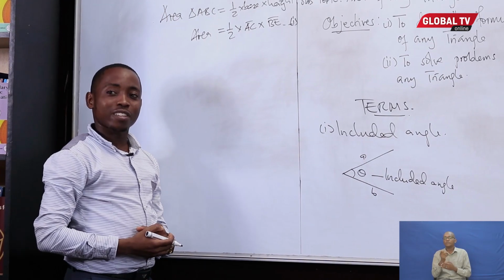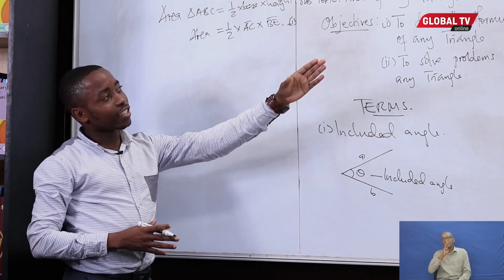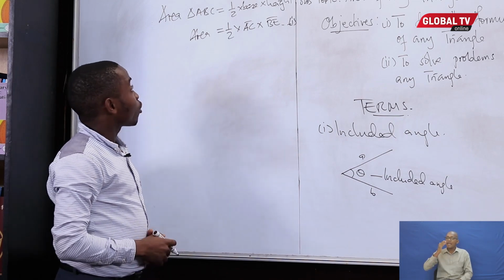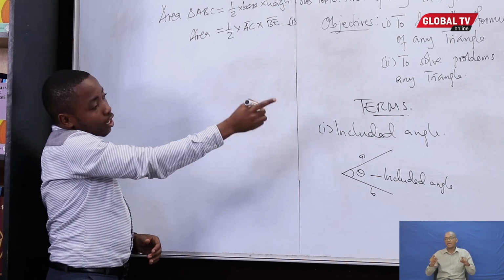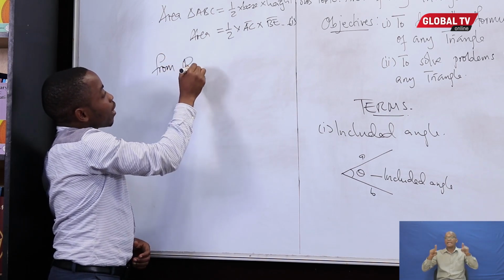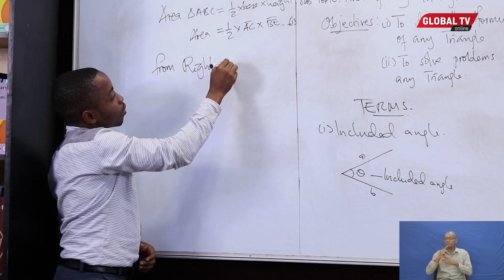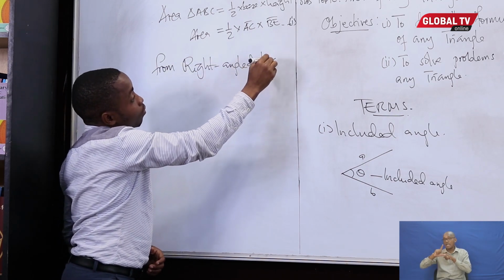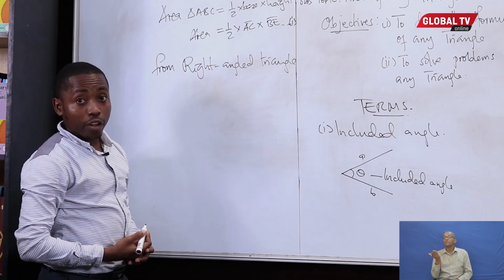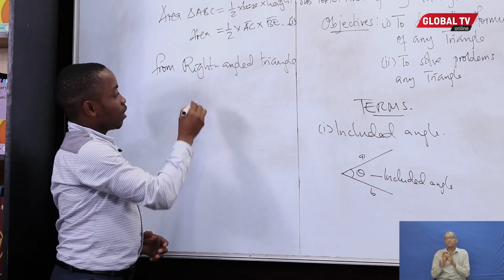Here we are going to use the second concept of right angled triangle that we have discussed earlier. How are we going to use it? From the right angled triangle, which triangle? Take the small triangle BEC.